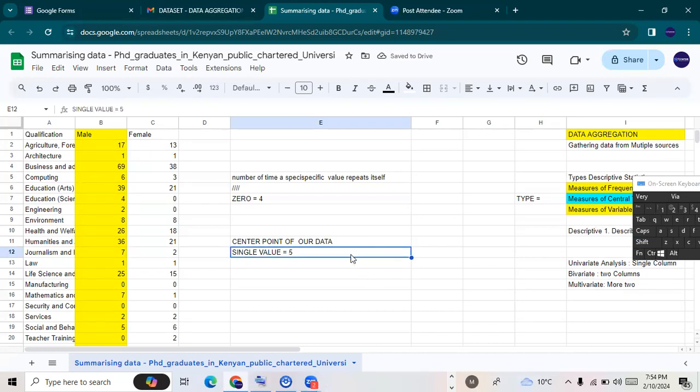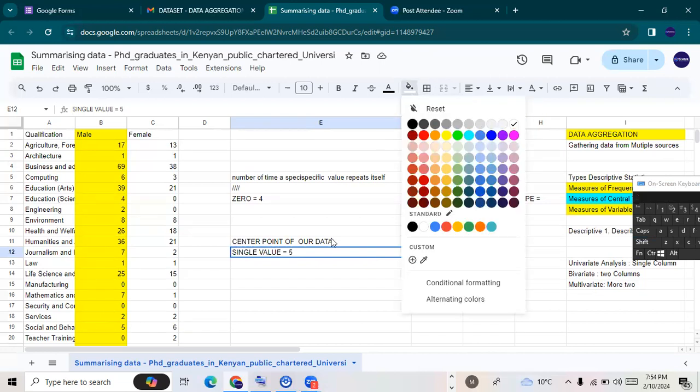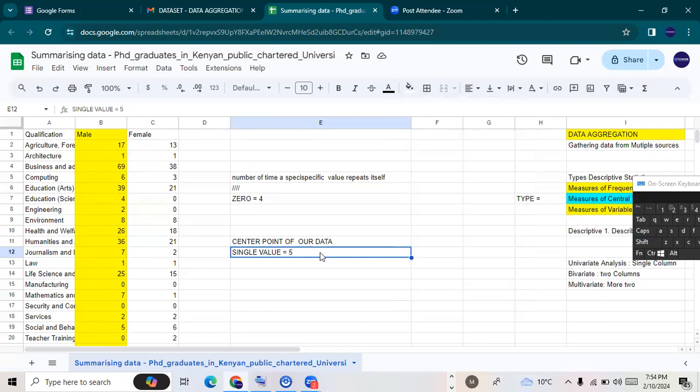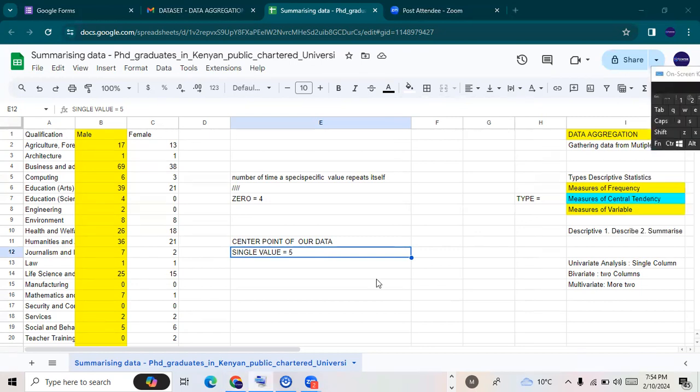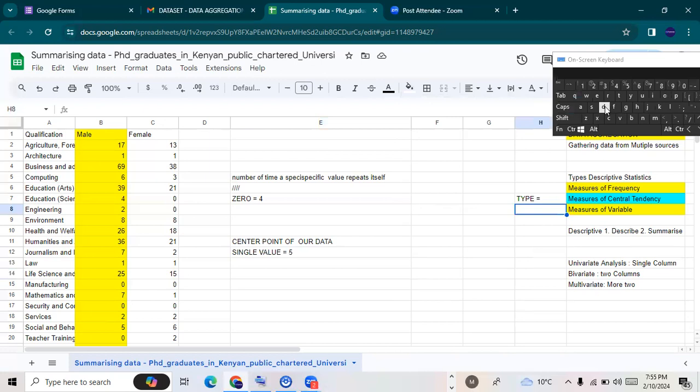And after we have identified this center value, that's when we are going to interpret our data. After we understand what is happening at the center of the data, then the role of measures of spread or measures of variability comes into play.